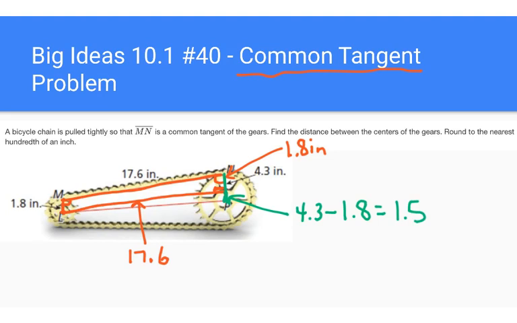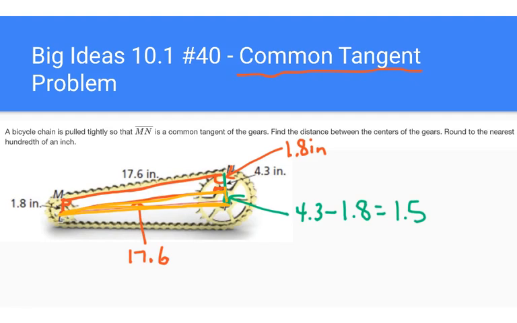Well, if we look carefully, and again, it would be easier to see if my picture was a little bit bigger, I'm sorry I didn't make it bigger, there we have a right triangle, where the distance between the centers that we're looking for is actually the hypotenuse of our right triangle, isn't it?